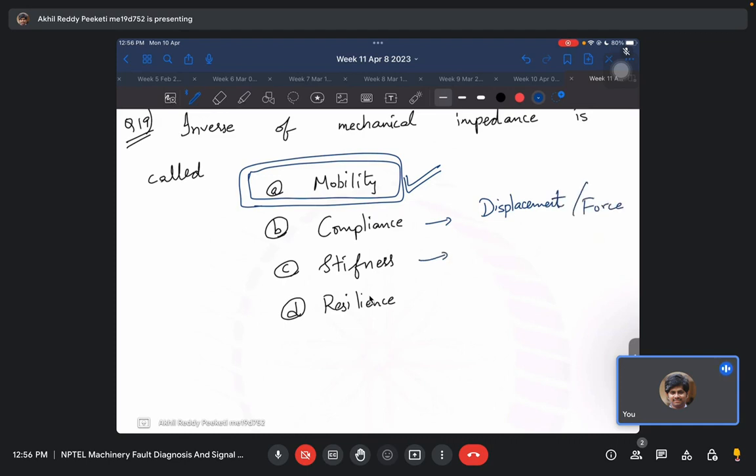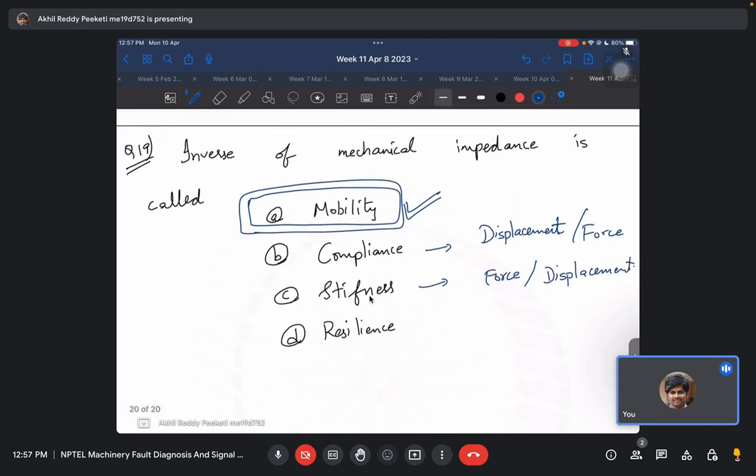And stiffness is the opposite of that, it's force versus displacement. So compliance is displacement versus force, and stiffness is force versus displacement, the opposites. And the inverse of mechanical impedance is mobility. Okay.